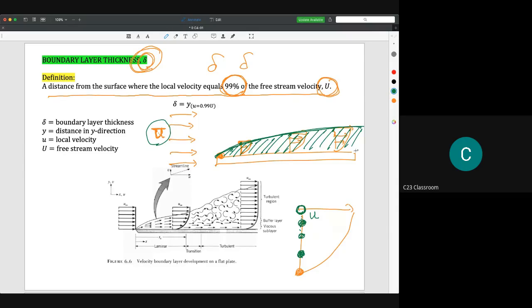Okay, so this is the formation. I think you already know the formation of the boundary layer, and this is just a revision. First, we need to know the idea of boundary layer thickness.